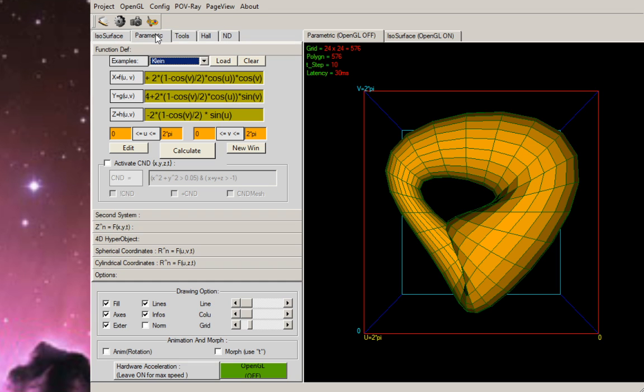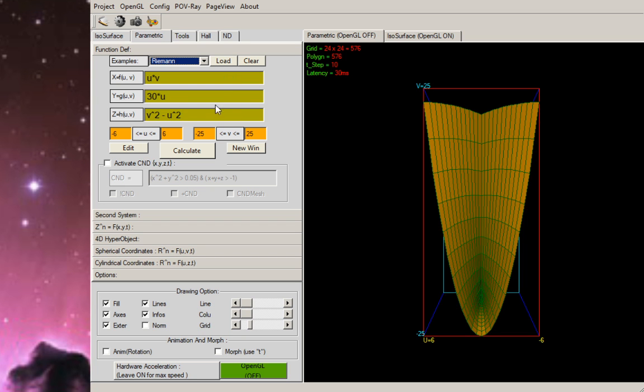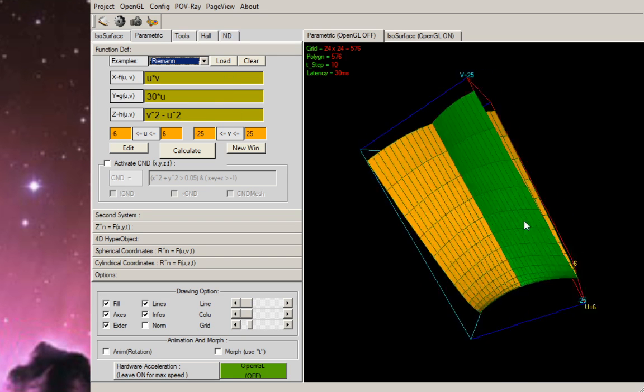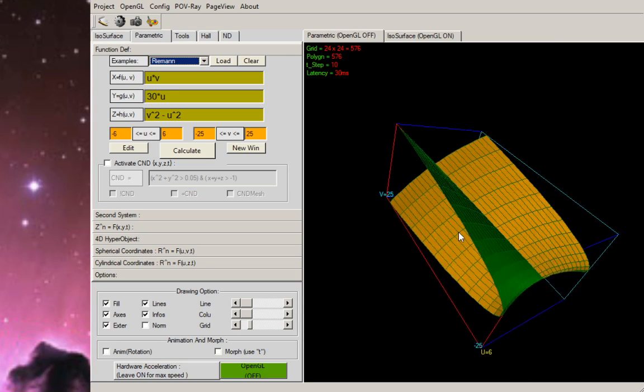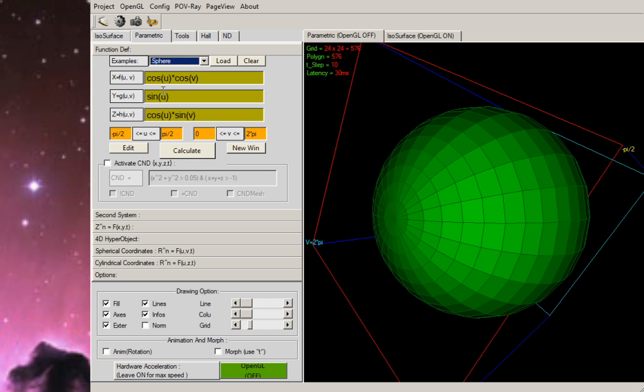System definition. These are differential equation functions. There's a sphere.